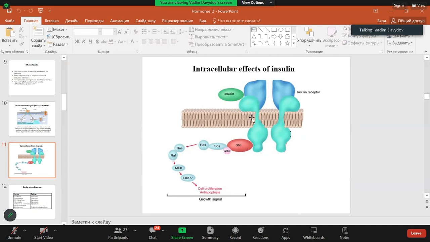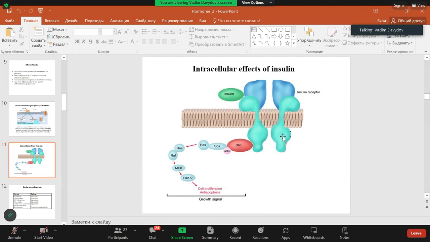When insulin binds with the insulin binding site on the alpha subunits and creates the active hormone receptor complex, the beta subunits of the receptor for insulin get tyrosine kinase activity.